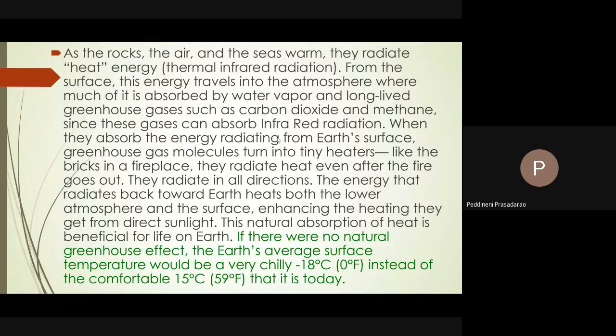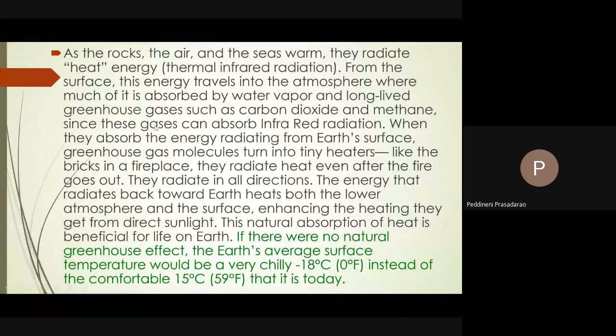As a result, the incoming visible radiation is converted into infrared radiation. So when it is going out, it is infrared radiation. From the surface, this energy travels into the atmosphere, where much of it is absorbed by water vapor and long-lived greenhouse gases such as carbon dioxide and methane.